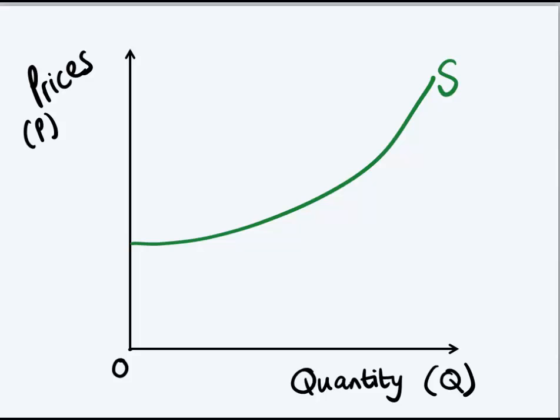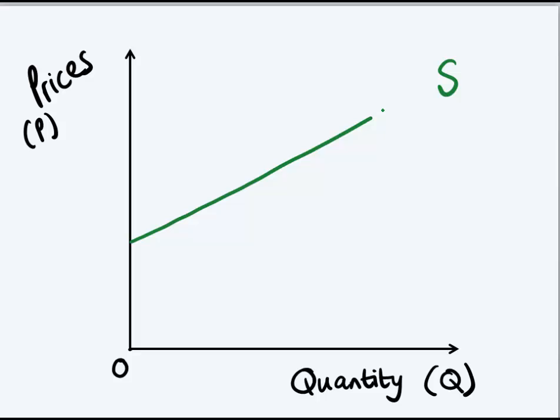You might say this is new to you. In first year economics, you didn't use a curved supply curve, but a straight supply curve. That's fine. It doesn't matter which one you draw, as long as it's an upward sloping curve, meaning the higher the price, the higher the quantity this farmer will produce.